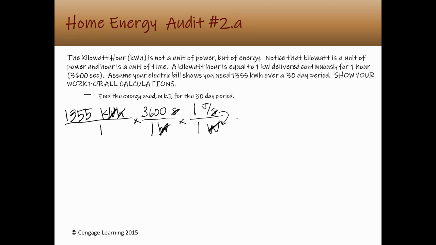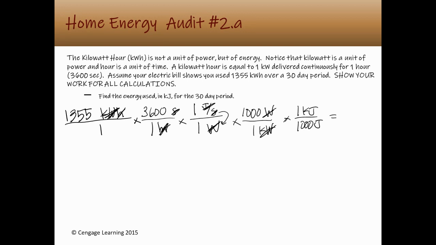We're going to take our 1,000 watts, 1 kilowatt, our 1 kilojoule, 1,000 joules. You can skip that step if it makes sense to you. I don't really want to explain it. But let's cancel our kilowatts. That watt canceled there.